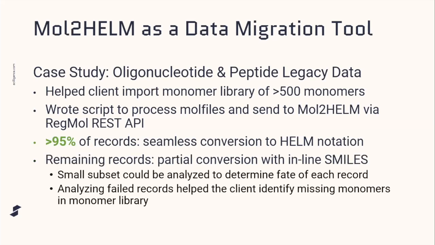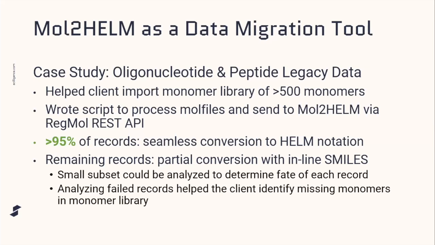As for the remaining records, HELM has support for something called inline SMILES, which is essentially a way of allowing you to include sections of the structure that you don't necessarily want to define as a monomer, sections that are meant to be free drawn because they're only ever going to be used once. And so the way Mol2HELM handles fragments that it can't identify as monomers is it converts them to inline SMILES.